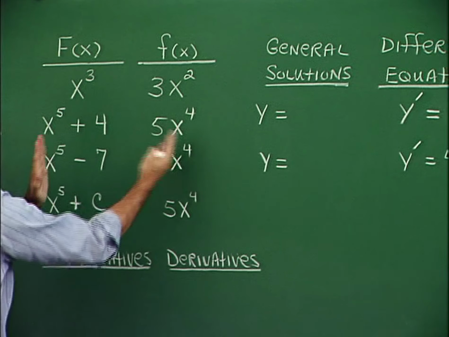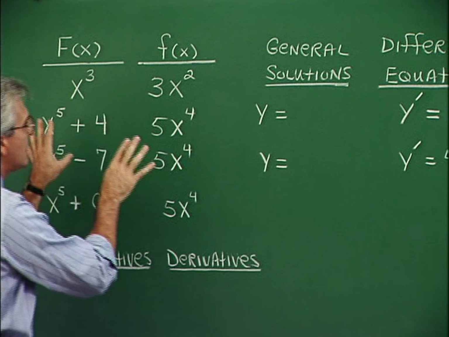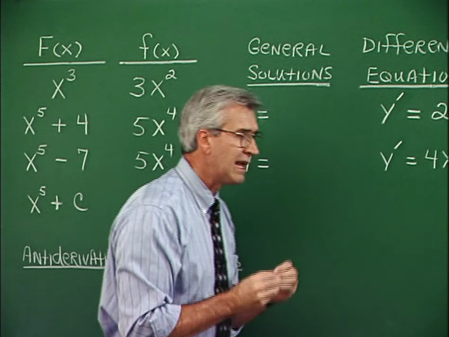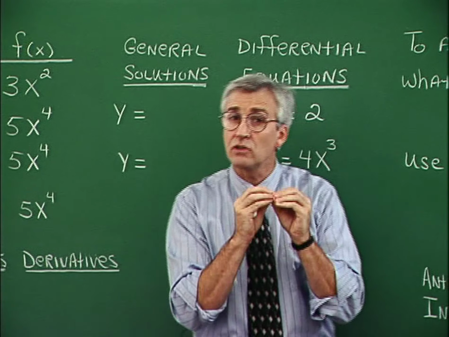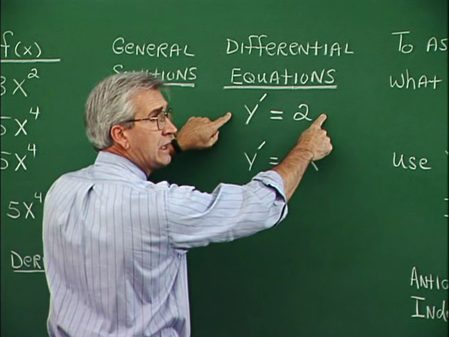So we want to be able to work in both directions now. A lot of times the derivative function is written in a derivative form, and when that function is written in that form, it's called a differential equation.